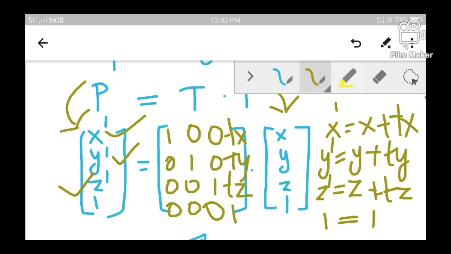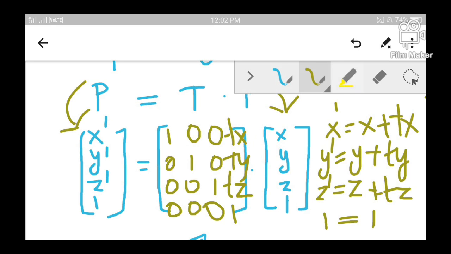So in this way, whenever you multiply each corresponding row with this column matrix, that is, when the first row is multiplied by the column matrix, you will get the value of x dash. When the second row is multiplied by the column matrix, you will get the value of y dash. When the third row is multiplied by the column matrix, you will get the value of z dash.